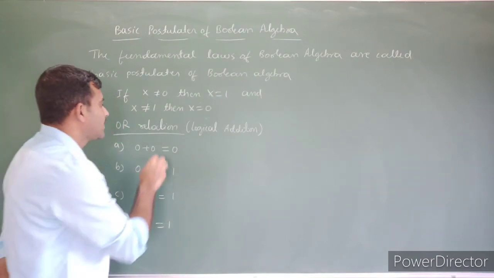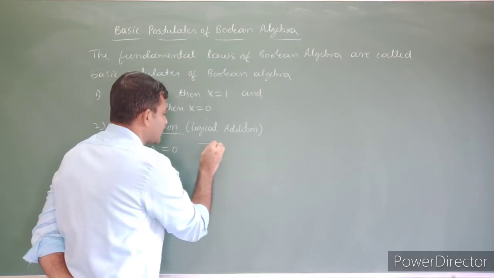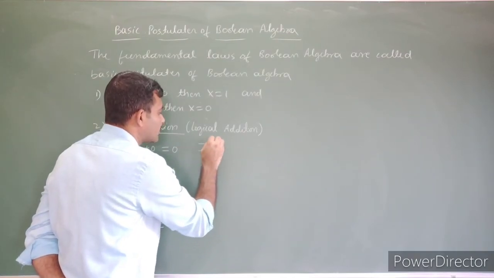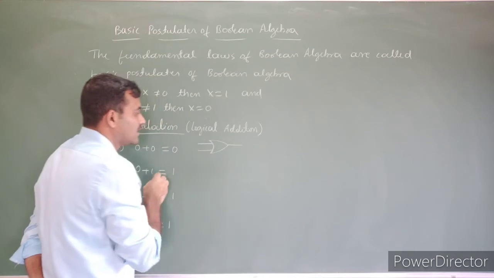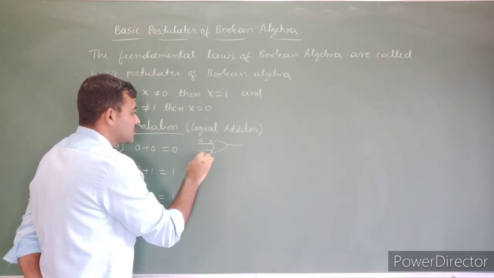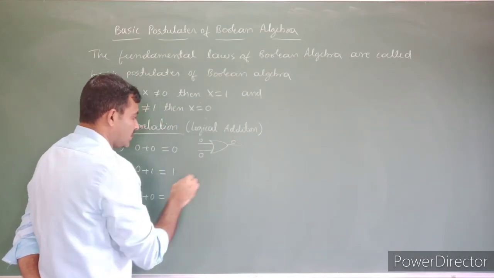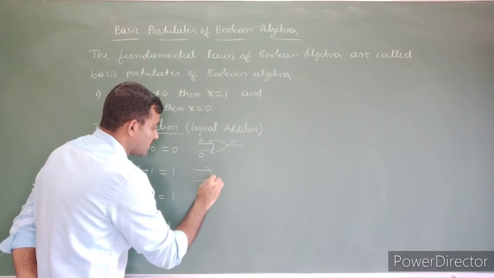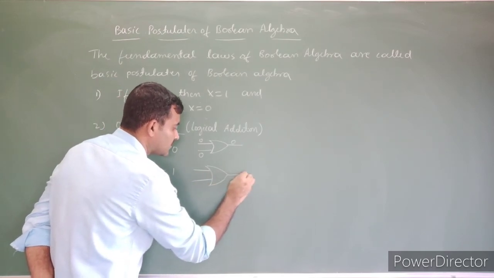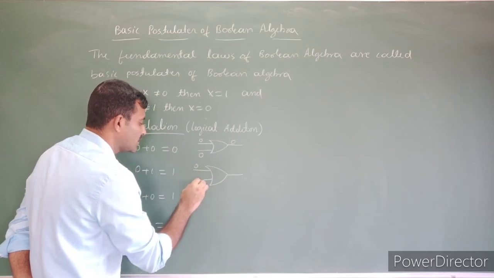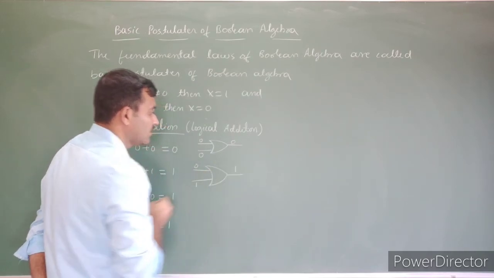How is it? Already we know the OR circuit. It accepts 2 input signals and produces only 1 output signal. If both are 0 0, then output is 0. If any one of the inputs is 1, one is 0 and another is 1, then output is 1.